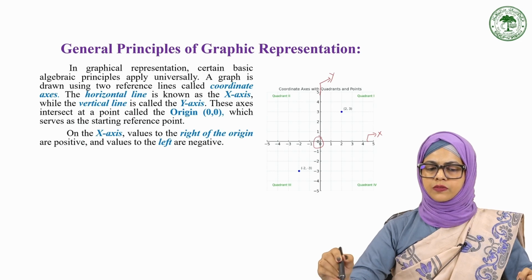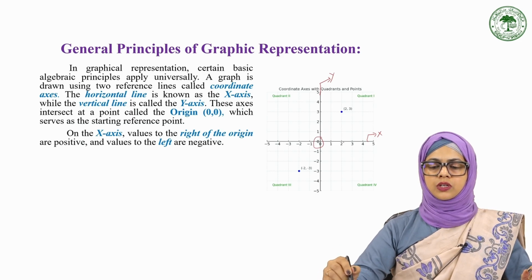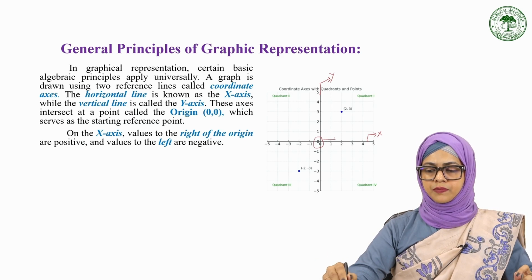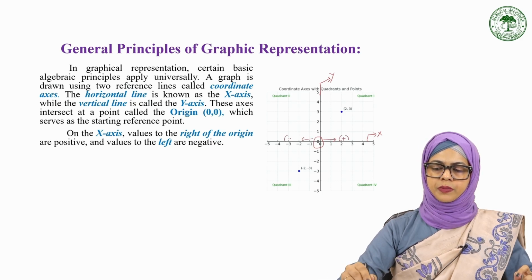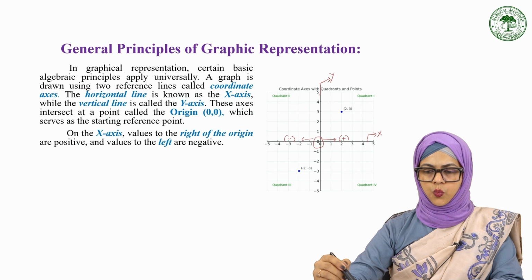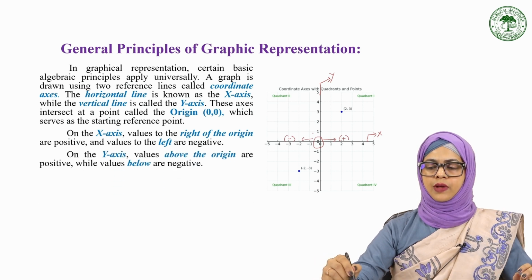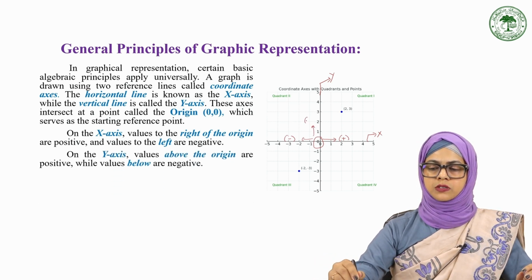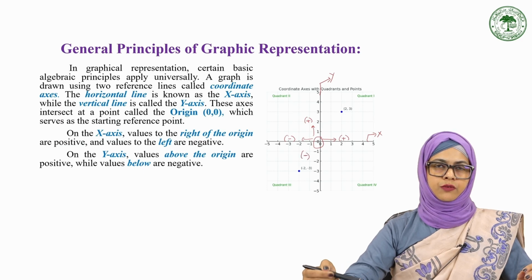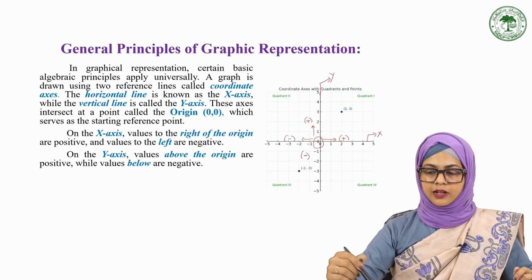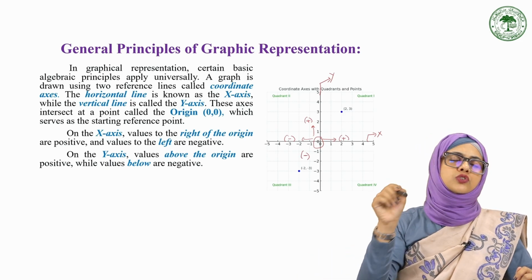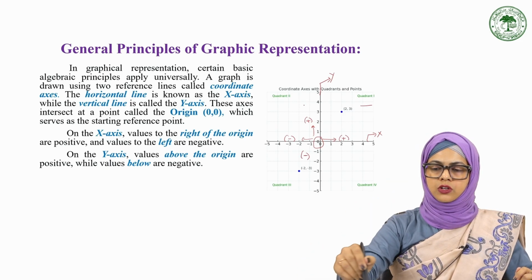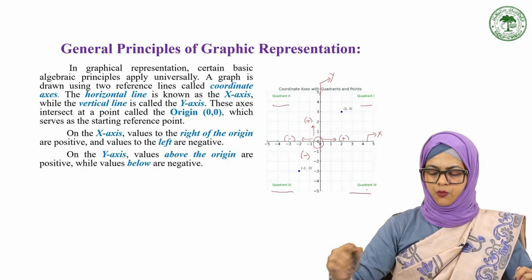All the values of the x-axis which are to the right of the origin, that means here, will be positive, and to the left of the origin would be negative. And for the y-axis, the values above would be positive and values below the intersection point would be negative. The intersection of the two lines divides the plane into 4 quadrants. You have quadrant 1, 2, 3 and 4.